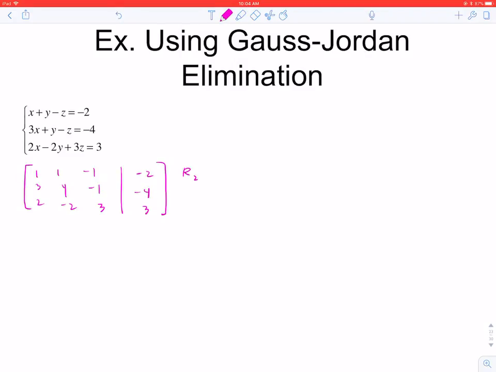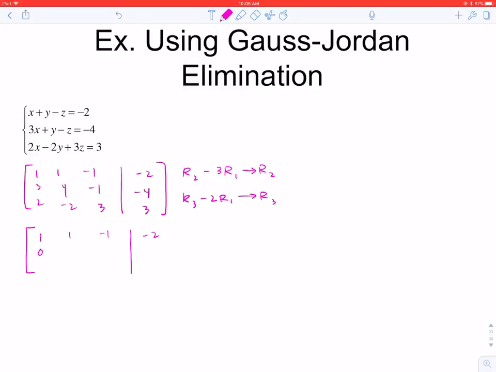So we'll do row 2 minus 3 times row 1 to replace row 2, and row 3 minus 2 times row 1 to replace row 3. Nothing's happening to row 1 yet.